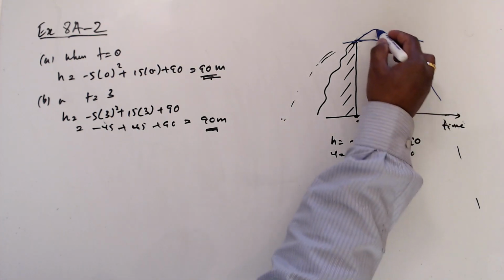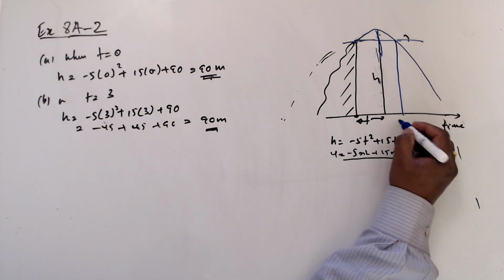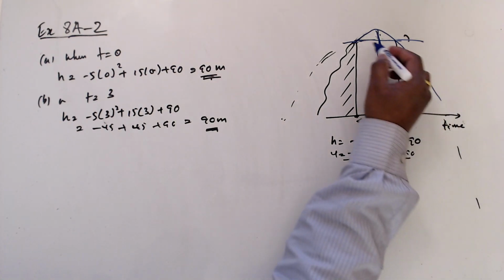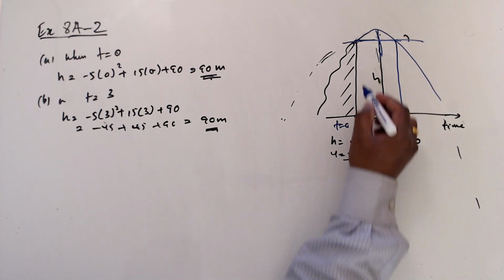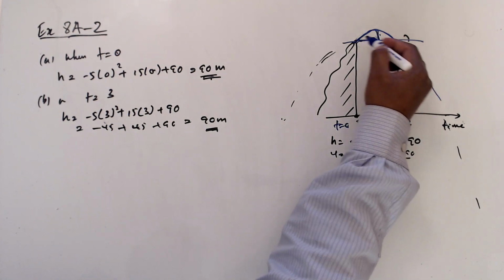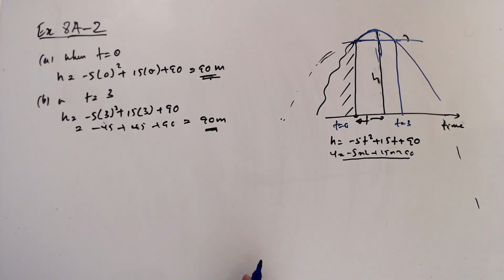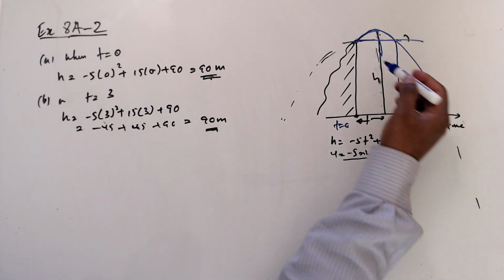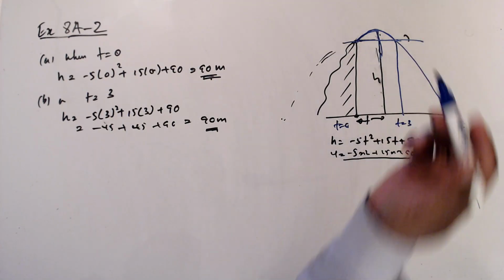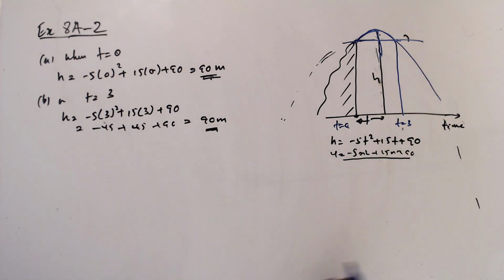This is the h, and t equals 3 also it is at 90. When we start, t equals 0, it is also 90. For this drawing there are 2 times we will get a height of 90, that is t equals 0 and t equals 3.